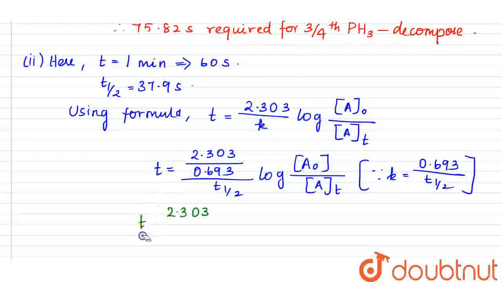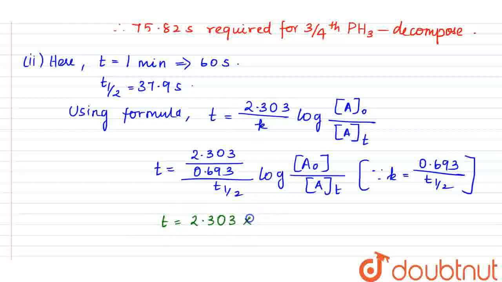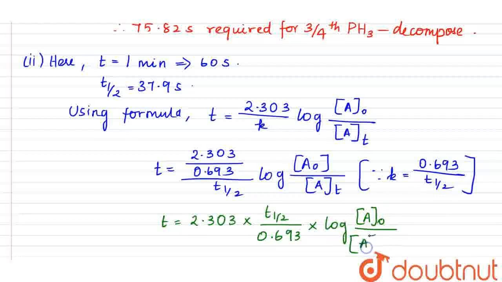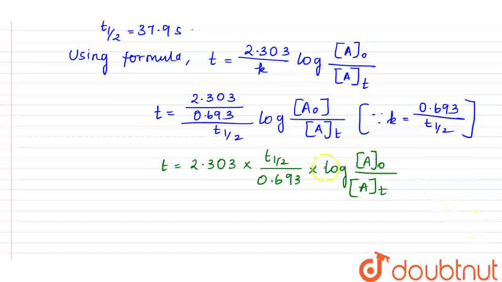So the next step is T is equal to 2.303 into T half divided by 0.693 into log of A0 divided by AT. So now the time I have already been given, that is 1 minute as 60 seconds. So we can substitute T as 60.